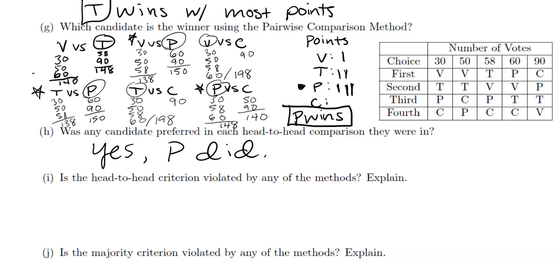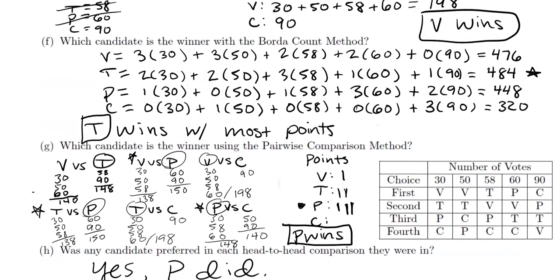P won all head-to-heads. So this head-to-head criterion says P should win. So now what we're going to do is look at all the different methods we did and see whether or not P was the winner.